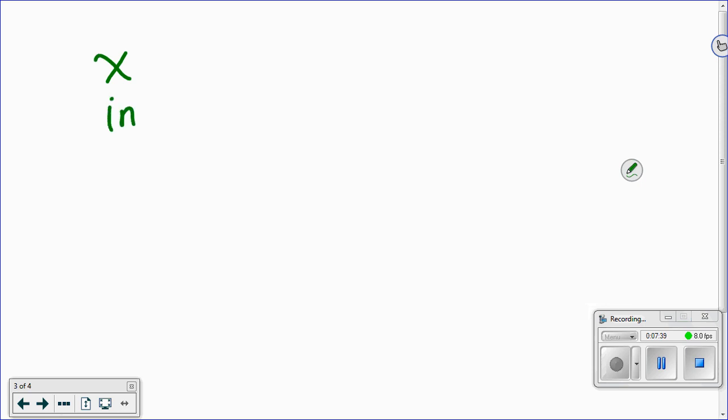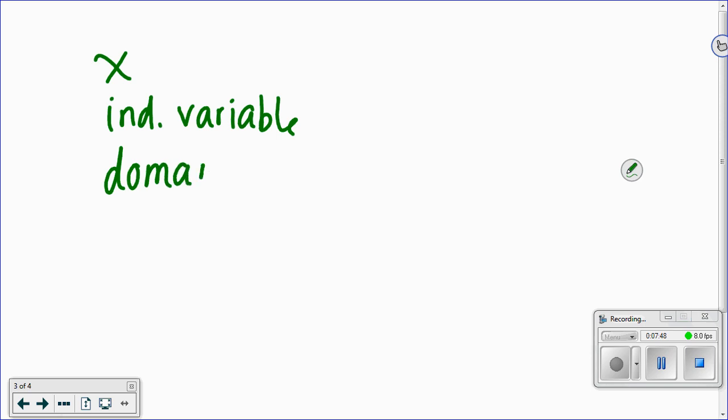X is also our independent variable. And if you think back to that first slide, x is also the domain. So these three expressions are interchangeable. We have x, independent variable, and domain. Those all mean the same thing.